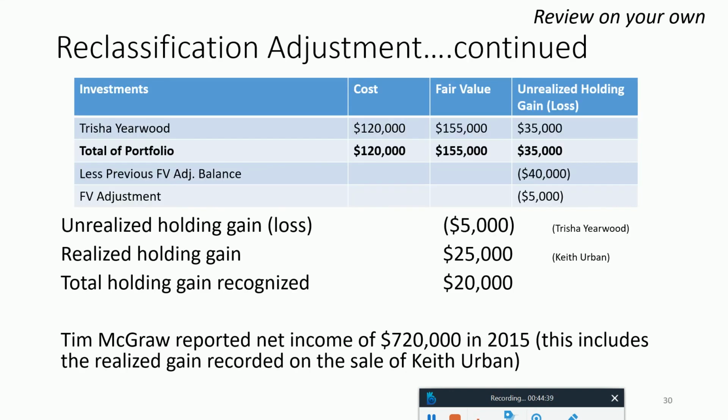So, what we're going to do is, Tricia Yearwood is the stock that we still have. Its fair value has now gone up to $155,000. So in total, compared to the cost, we have an unrealized holding gain of $35,000. Now, keep in mind that our previous unrealized gain was $40,000.